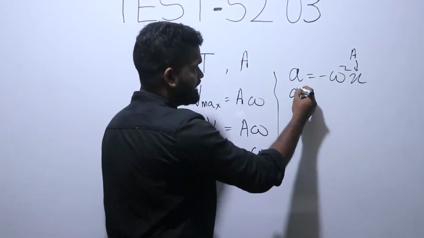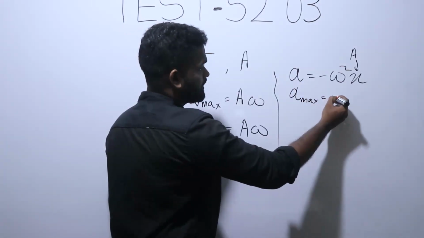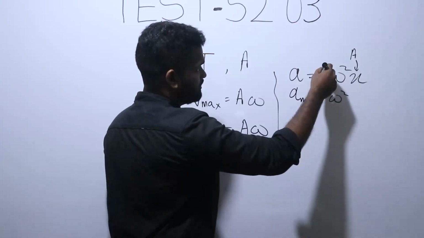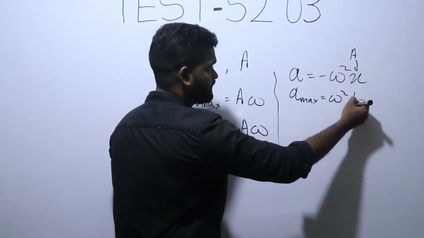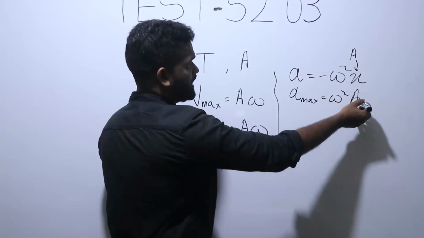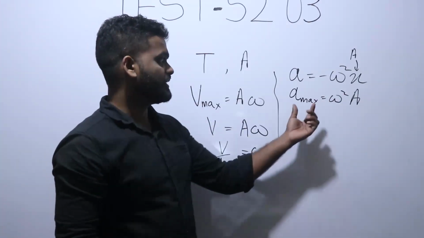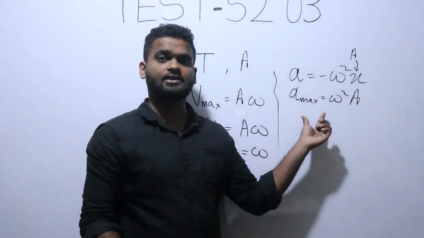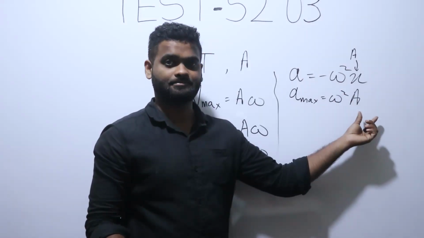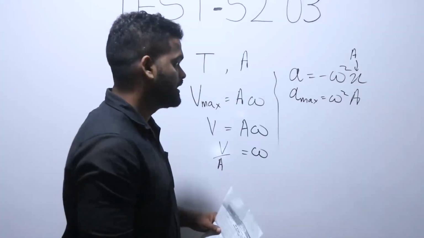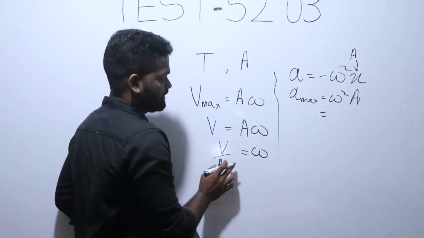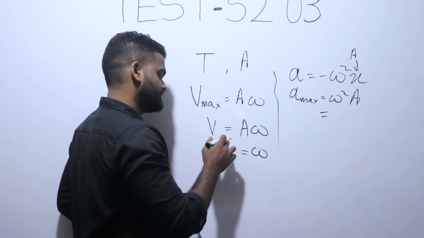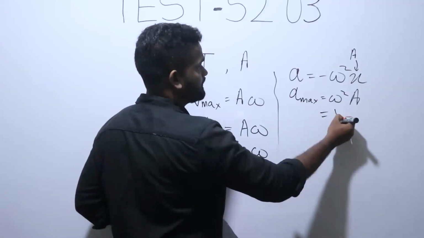So for A max, I'll just omit this negative sign for now. The equation for maximum acceleration is omega squared A. That is amplitude. Right. Here we got an expression for omega, that is V over A. I substituted it here.